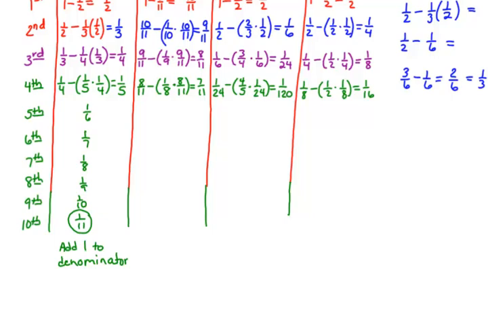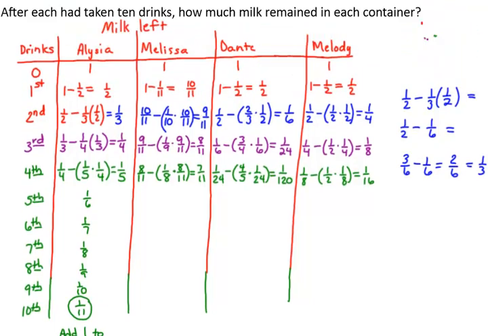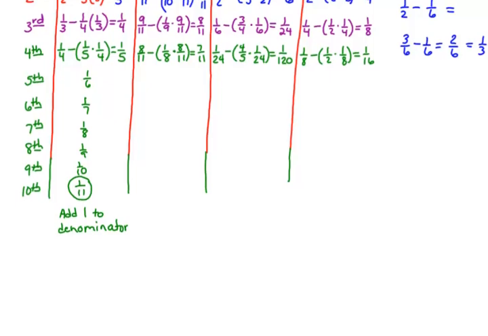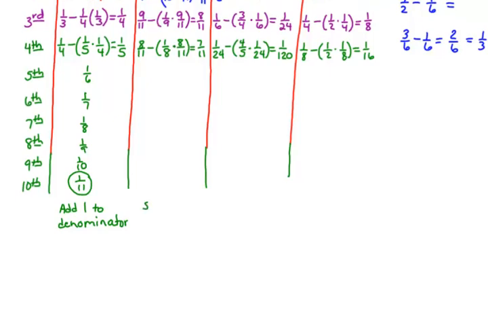Okay, and if we look at Melissa, we are subtracting 1 from the numerator. So then this becomes 6/11ths, 5/11ths, 4/11ths, 3/11ths, 2/11ths, and 1/11ths.